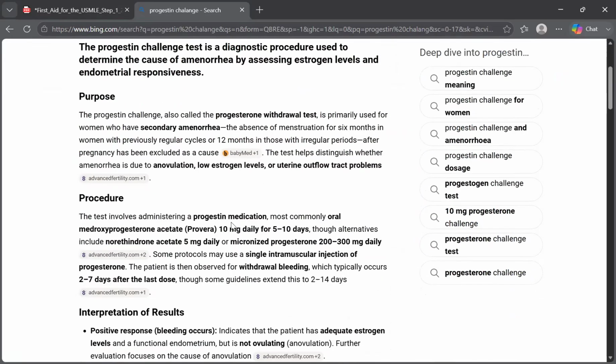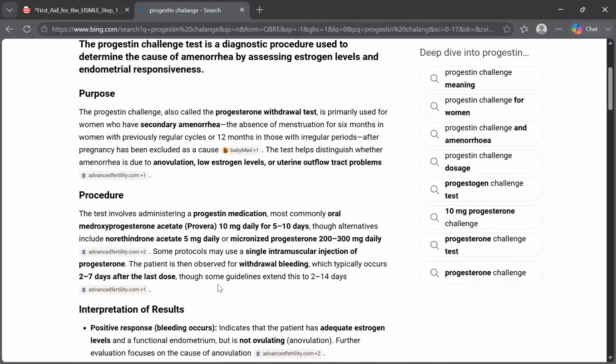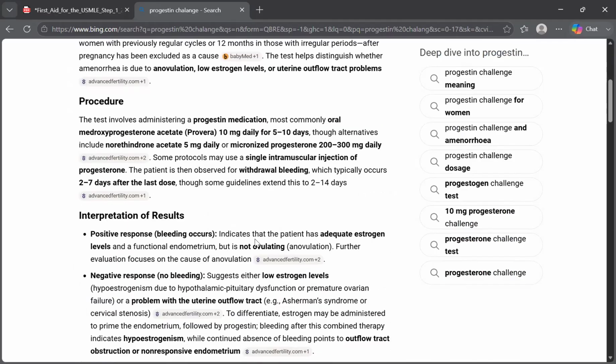The test involves administering a progestin medication, most commonly oral medroxyprogesterone acetate, Provera, 10 mg daily for 5 to 10 days. The alternatives include norethindrone acetate or micronized progesterone, and some protocols may use a single IM injection of progesterone. The patient is then observed for withdrawal bleeding, which typically occurs 2 to 7 days after the last dose. If the bleeding occurs, it indicates that the patient has adequate estrogen levels and a functional endometrium but is not ovulating.